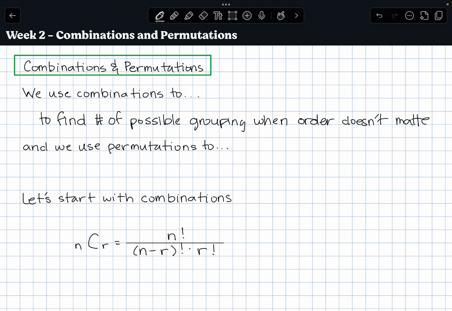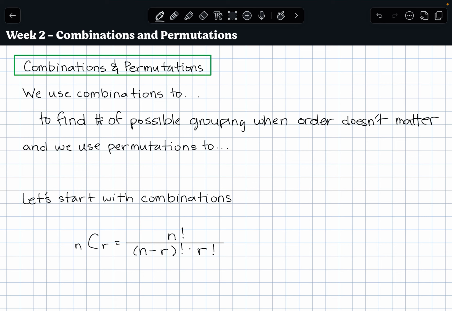So for example, I work at a high school. If we're building a committee and that committee doesn't have a president, it's just a group of teachers that are all at the same level, this would be a combination.